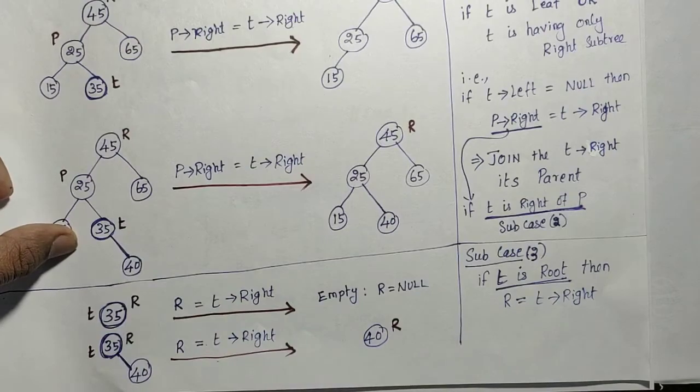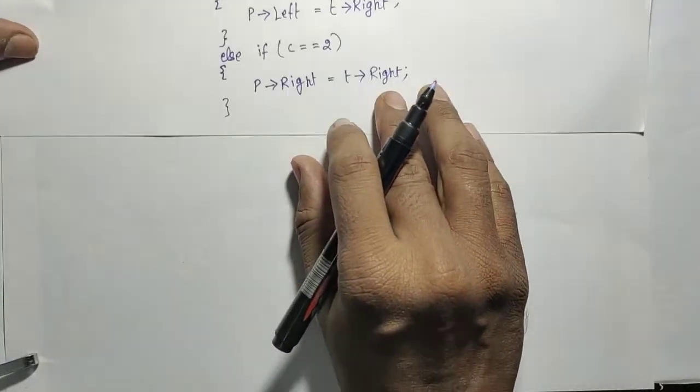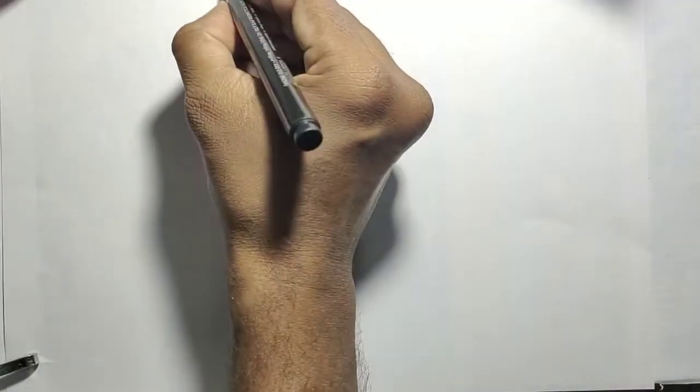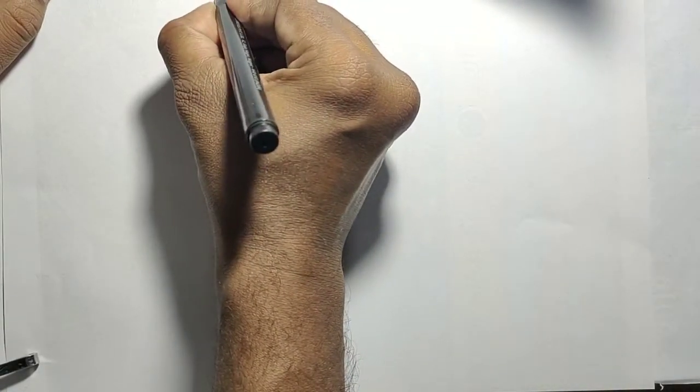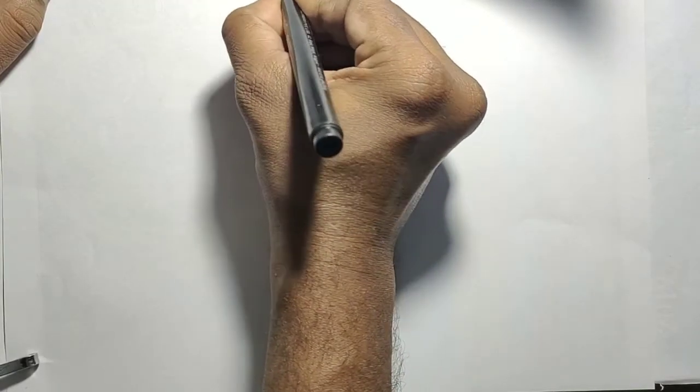Then I need to return true. That's all. So the code I have to write here is, after completing this, I need to return delete of t, and then I have to return true.